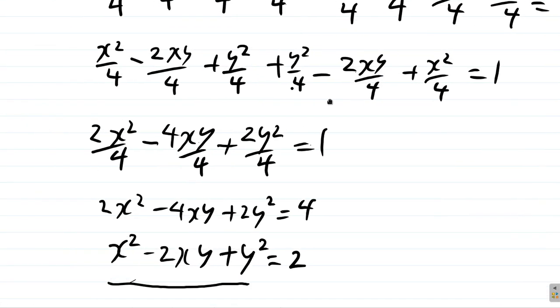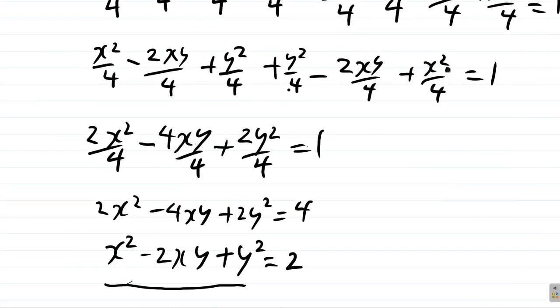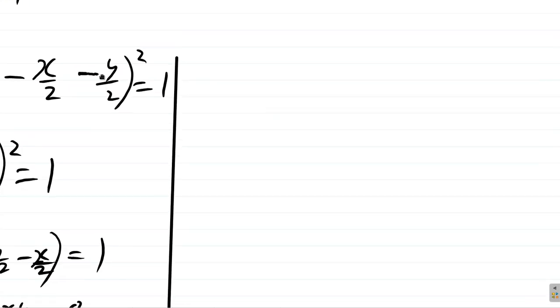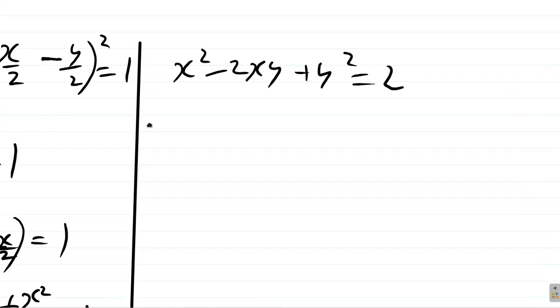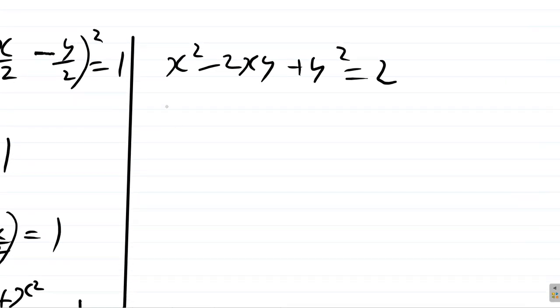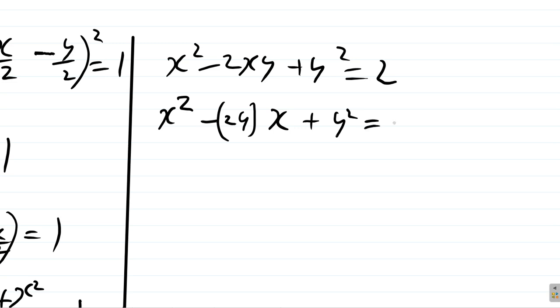Alright, so what do we have? x squared minus 2xy plus y squared equals 2. Alright, remember the AC method. Let's use the AC method. We have x squared minus 2y x, let's write it like that, plus y squared is equal.